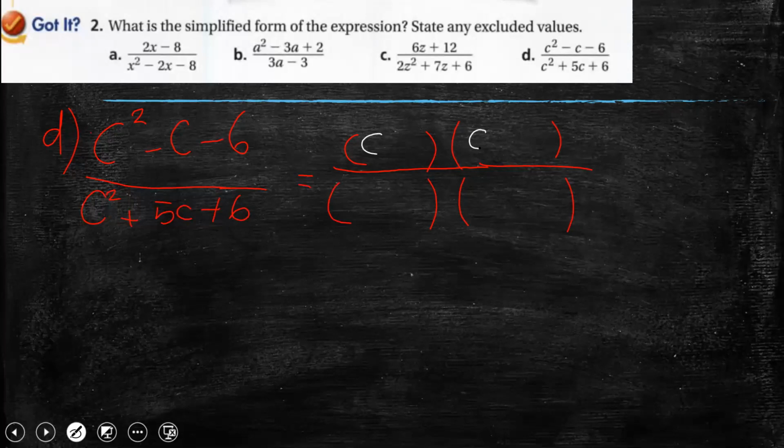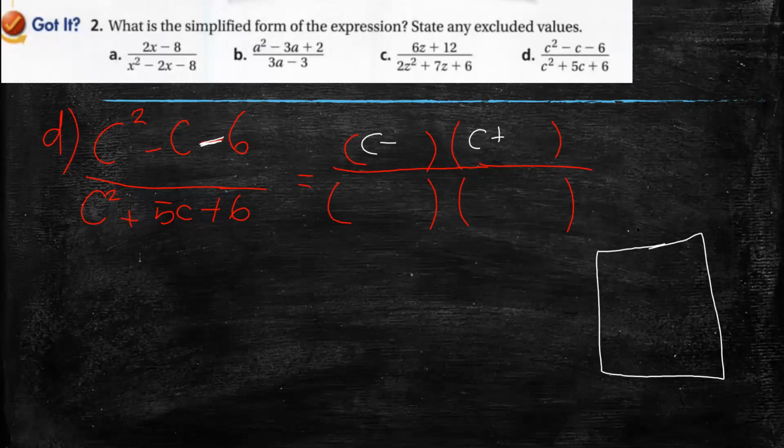Since the sign here is negative, we have one negative and one positive. Give me two numbers that if you multiply them, you get negative 6, and if you add them, you get negative 1.